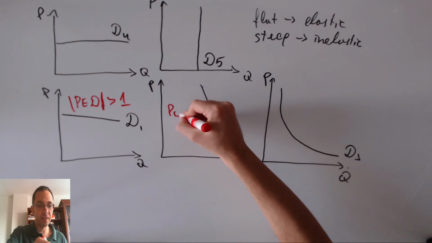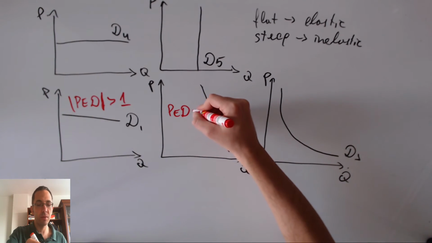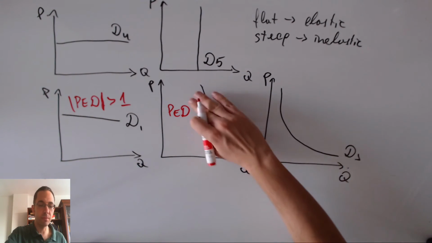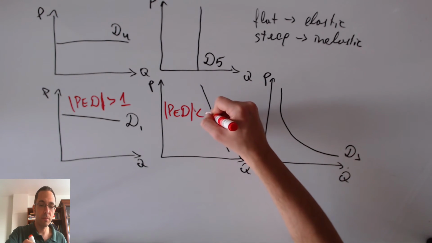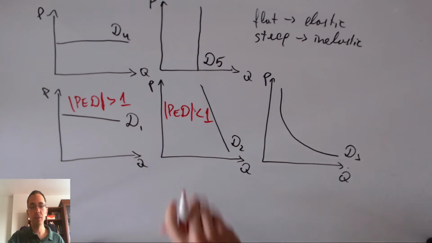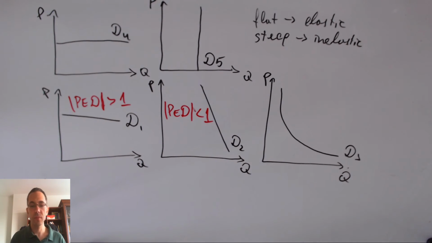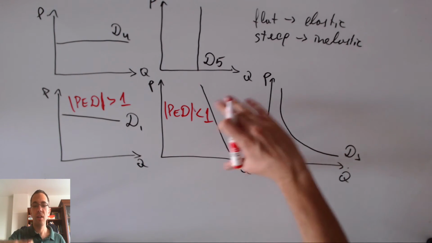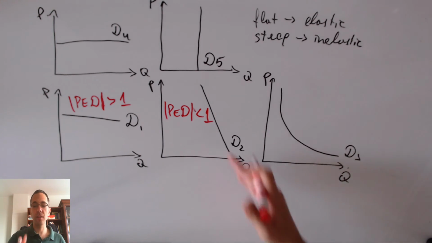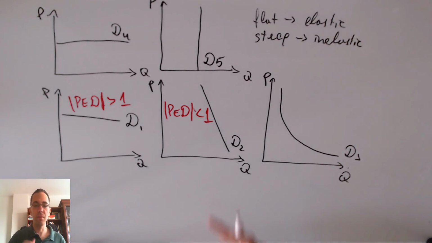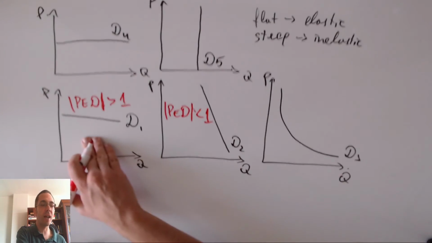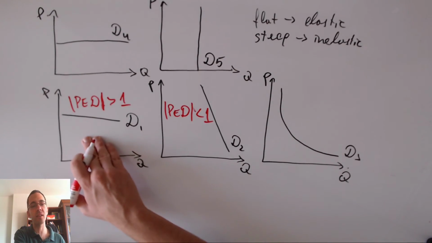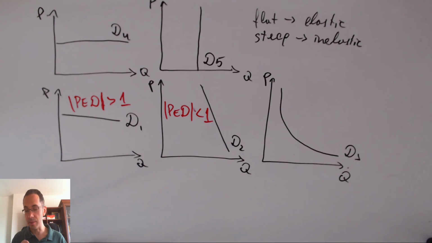Over here, the price elasticity of demand will be less than 1. So this is inelastic, simply because we are seeing this part of the demand curve that's closer to the Q-axis. But again, notice flat, steep, flat, steep. So flat generally means elastic, steep generally means inelastic.